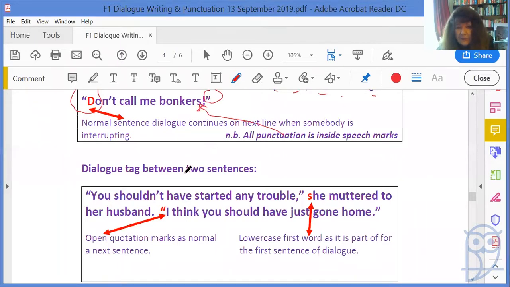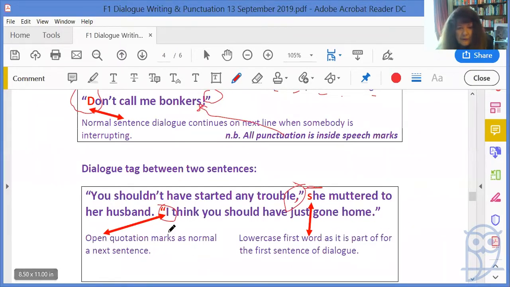Dialogue tag between two sentences. "You shouldn't have started any trouble," comma, because she's going to continue talking. "She muttered," lowercase, because she muttered to her husband. "I think you should just have gone home." Okay, because we've got the dialogue tag, we've got the comma inside the speech mark, and then she says another sentence, "I think you should have just gone home."